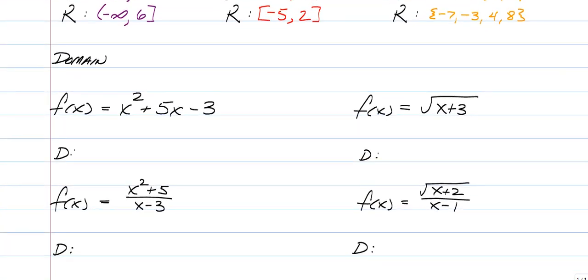Now, when we are working with a function and we are actually trying to determine what the domain is, most of the time it is easier to think about these in terms of what can x not be. So when you're squaring a variable or multiplying a variable, no restrictions whatsoever should come to mind.